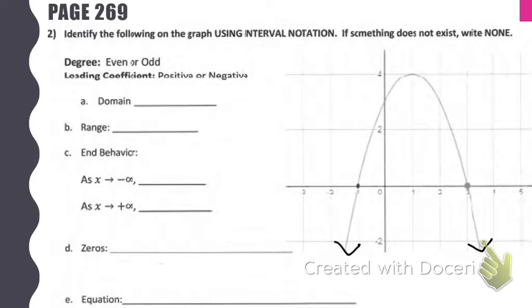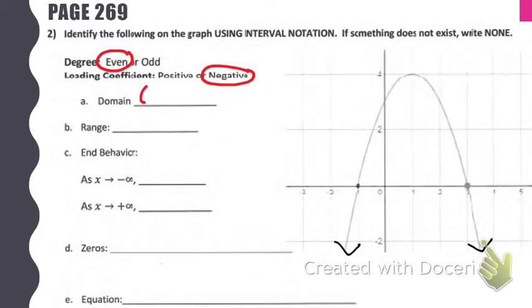Even, I agree, because notice how they're both going down. So this is an even. Remember, the right side determines if it's positive or negative. It's easier to tell for an even degree, because if they're both going down, that means it's obviously negative. So this is a negative.